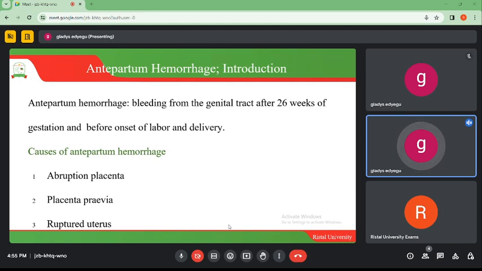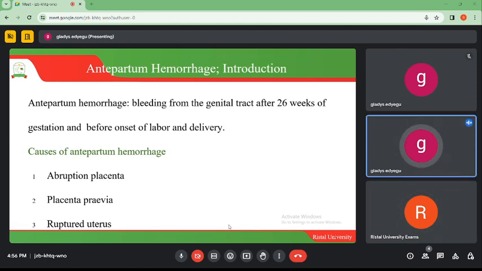So what could be the causes of antepartum hemorrhage? Having mentioned that it is bleeding from the genital tract after 26 weeks, if it is bleeding before 26 weeks, that is an abortion. In case the woman releases the pregnancy below 26 weeks, it can be called an abortion. But a newborn who is delivered after 26 weeks is expected to survive, so that is called a preterm delivery.